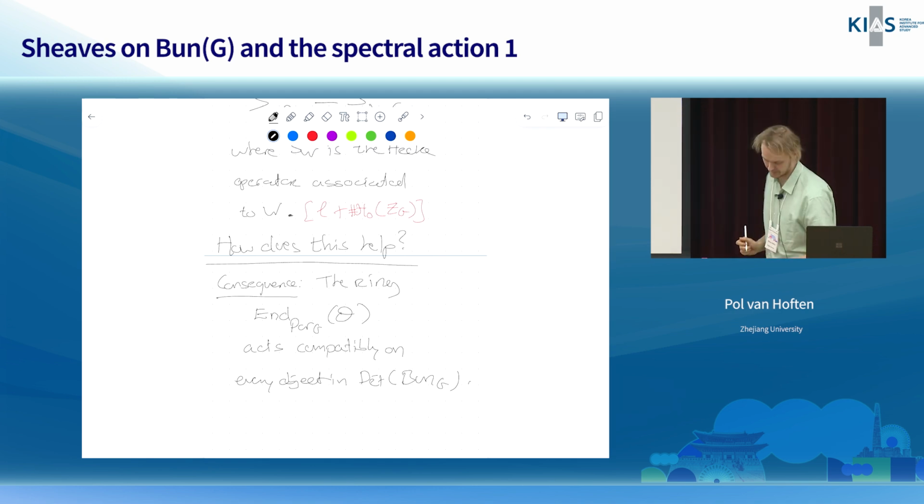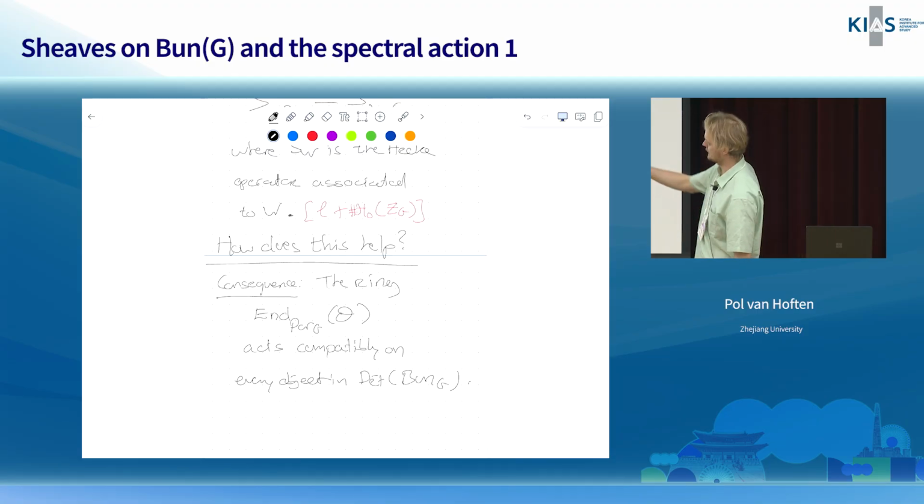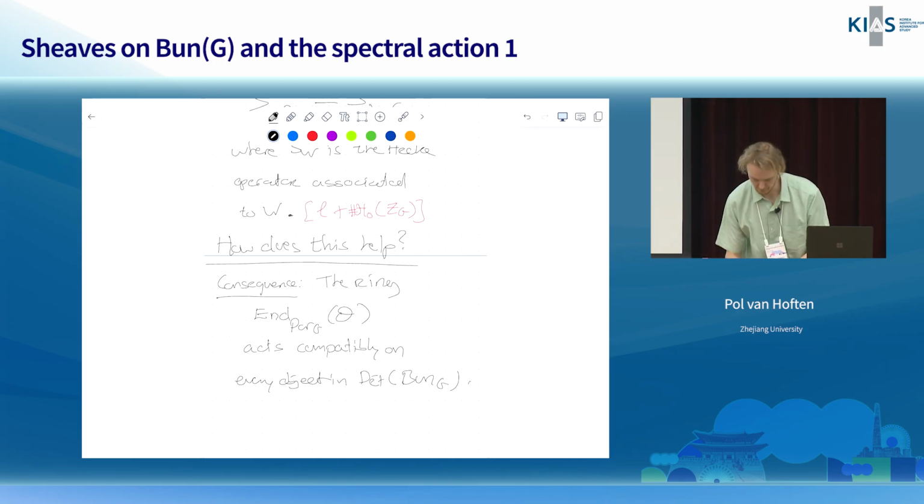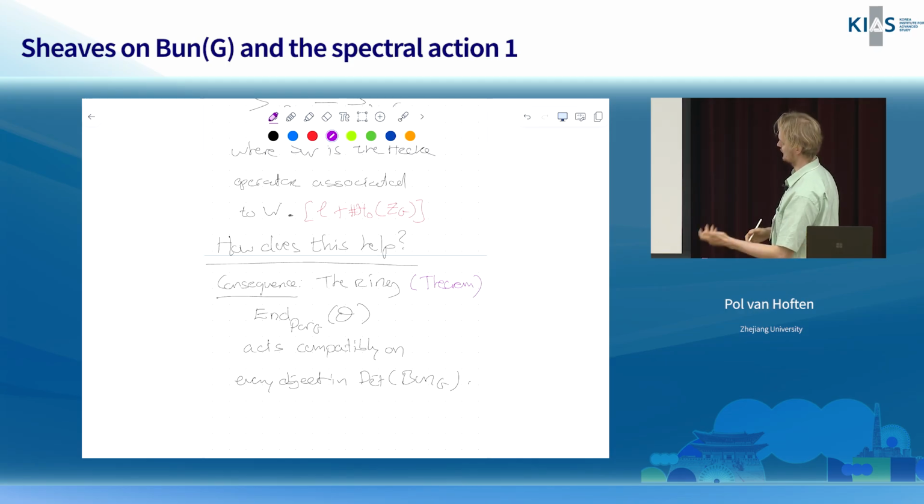Okay, and I say here the word ring, and you might be worried that I'm taking endomorphisms in an infinity category, so maybe this is a derived ring, but it's not. That's also a theorem of Fargues-Scholze. Fargues-Scholze basically say there are no higher endomorphisms of O on this stack.